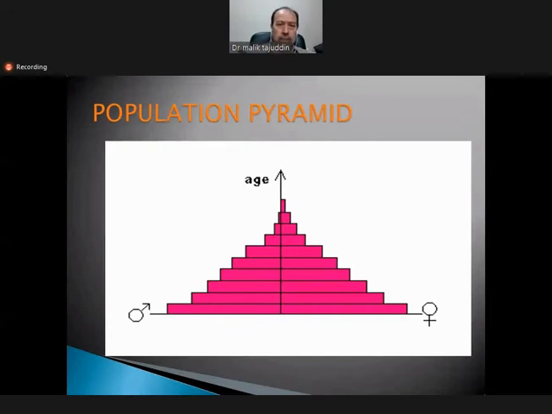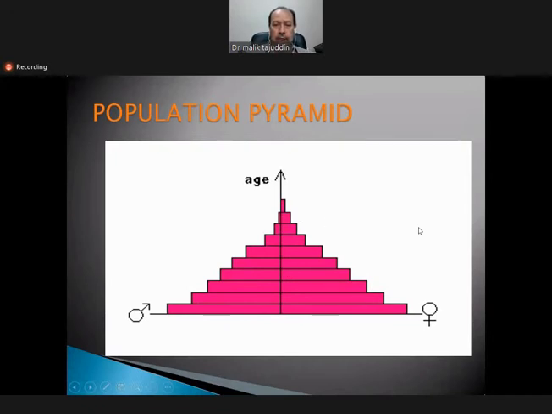So this is the population pyramid or the age-sex pyramid, and you can see in this population pyramid that the lesser the age, the lower down will be that group. So you may think this is the 0 to 5 years age bar, then this is 5 to 10, 10 to 15, and similarly the age increases onward.